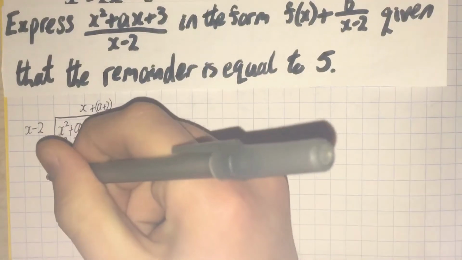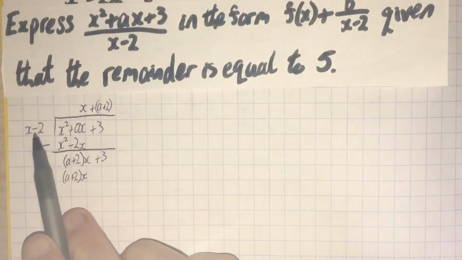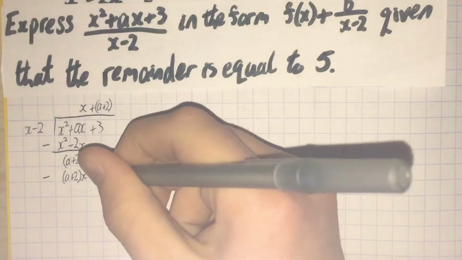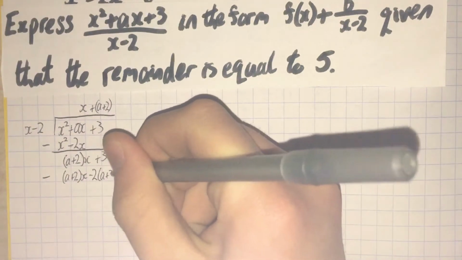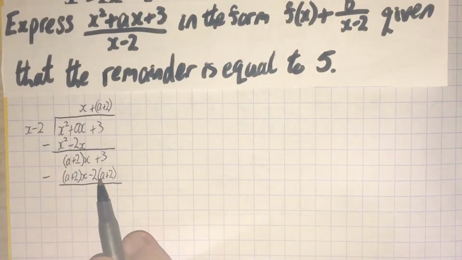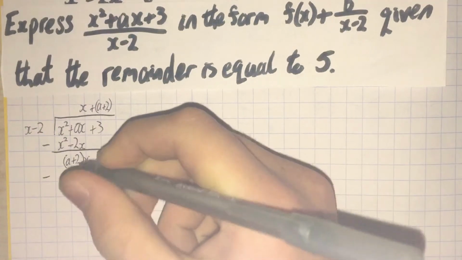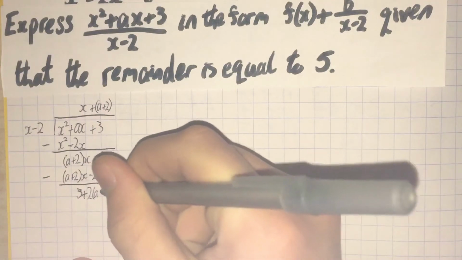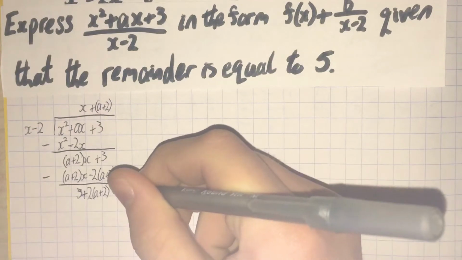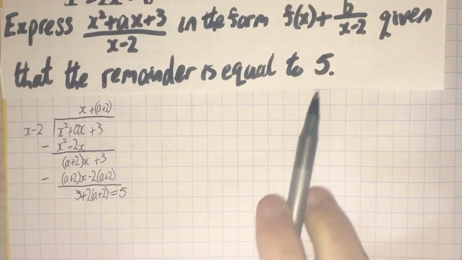So that means we shall be minusing a plus 2x, but the thing is we've also got the minus 2 here, which we have to times by a plus 2, so we've got minus 2, a plus 2. X's cancel off, and then we're going to be left with 3 plus 2 times a plus 2, which is equal to 5, because of the question telling us that.